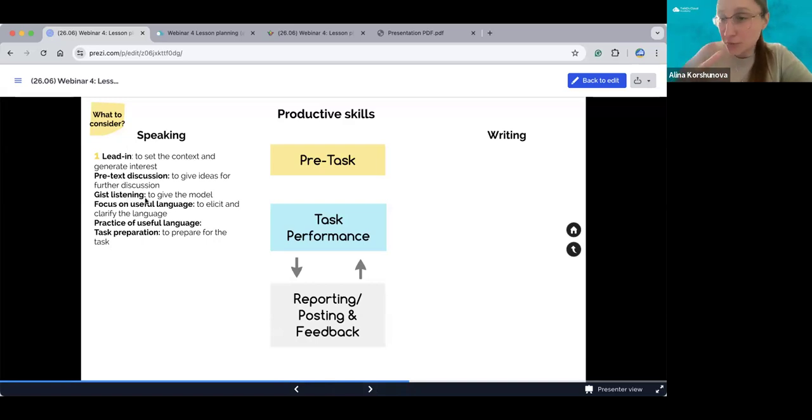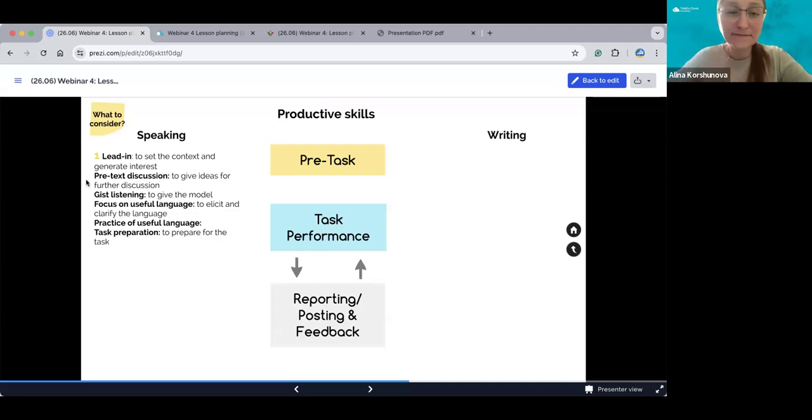Before giving them that model, if we talk about speaking, it will probably be a listening task. So we would give a short pre-text discussion: what do you think the text will be about, what will their ideas be? Then we allow our students to listen to that model, for example a conversation or a dialogue.